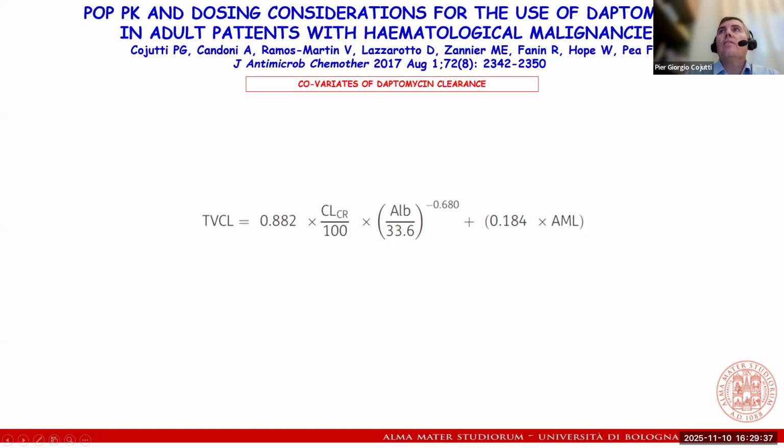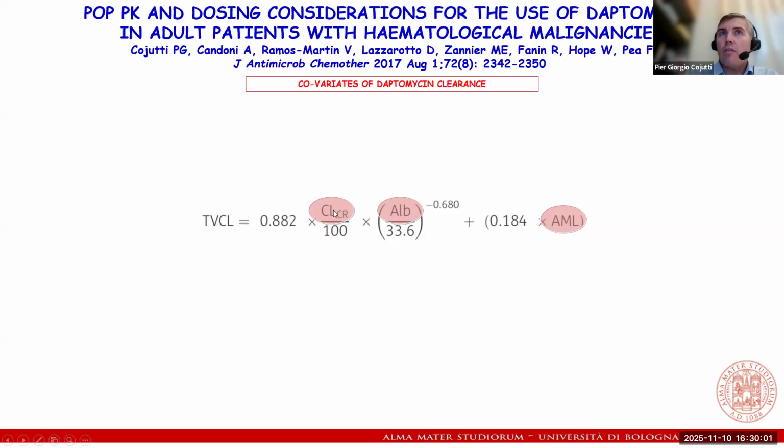In these 30 patients with hematological malignancy, we found that 3 covariates affect daptomycin clearance in a statistically significant way, which are creatinine clearance, albumin concentration, and having or not having an acute myeloid leukemia.